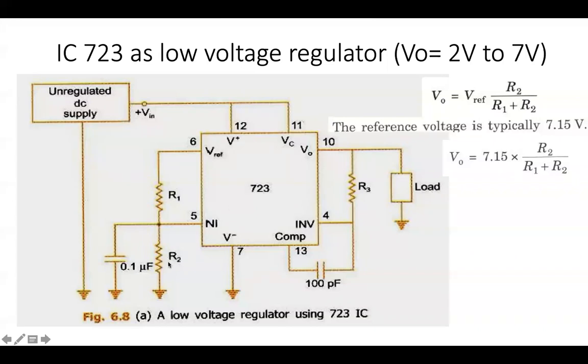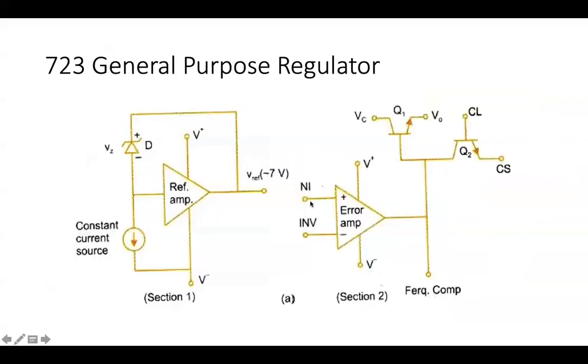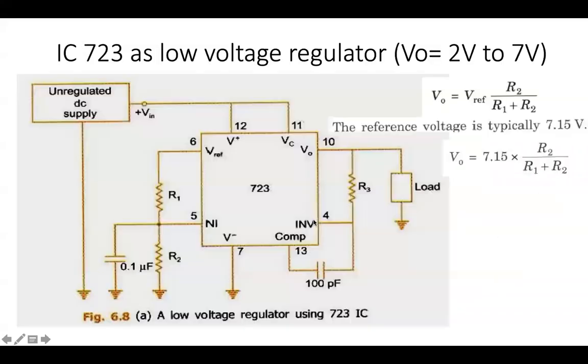R2 is here and R1 is here. So why is it V reference? Because this V reference is actually coming inside to the error amplifier, and then it is coming to the transistors here. So we have to multiply V reference here, V reference into R2 divided by the total R1 plus R2.